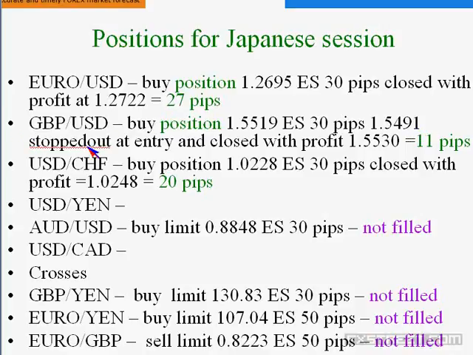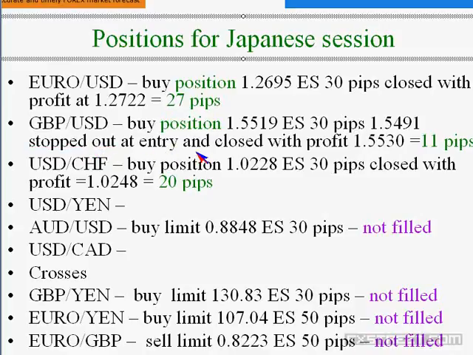Then subsequently I trailed the hedging order upward, and before the GDP data release, they went up to 1.553437, and quickly I closed it with a nominal 11 pips profit. Normally I used to book very good profit, but today the market looks very, very subdued with not much of a volatile move.